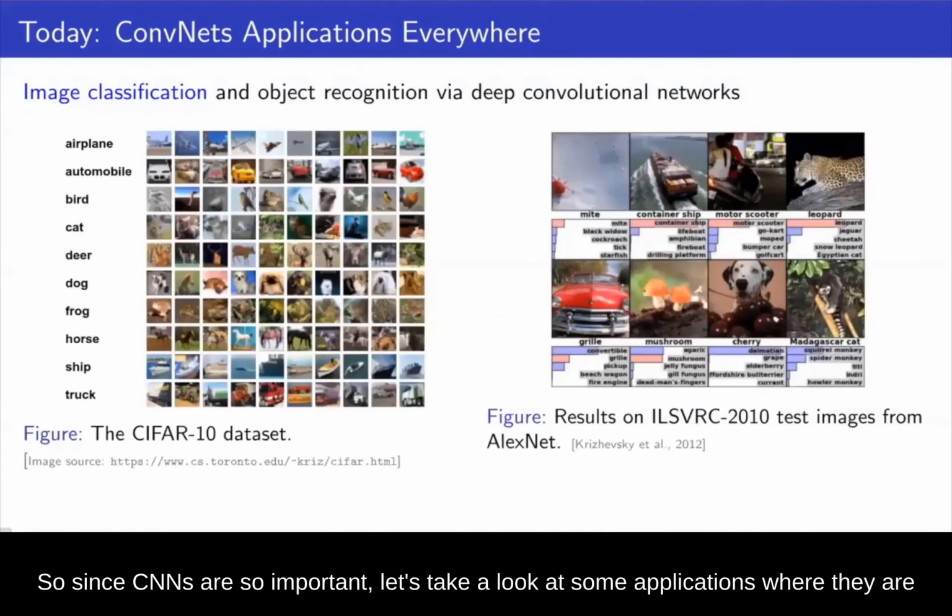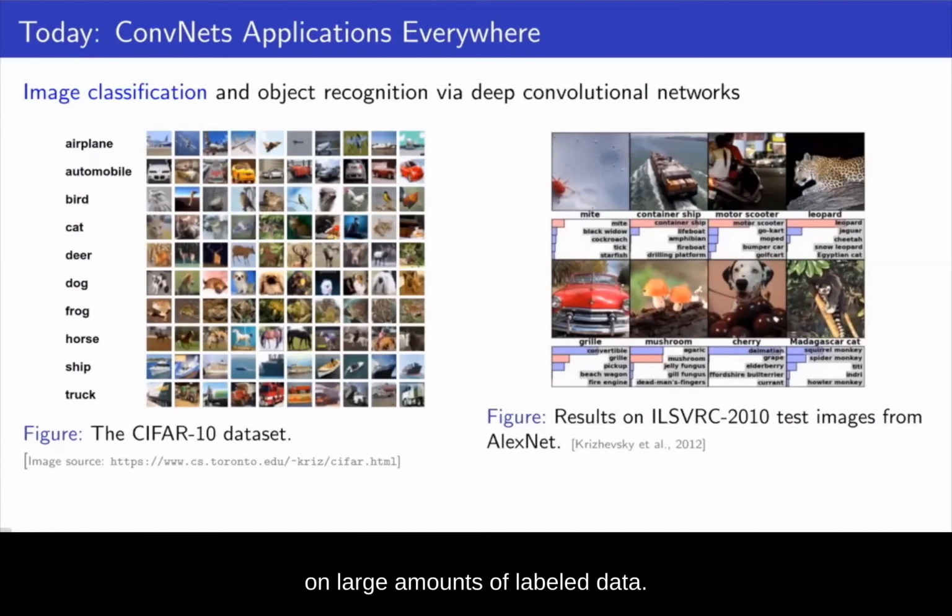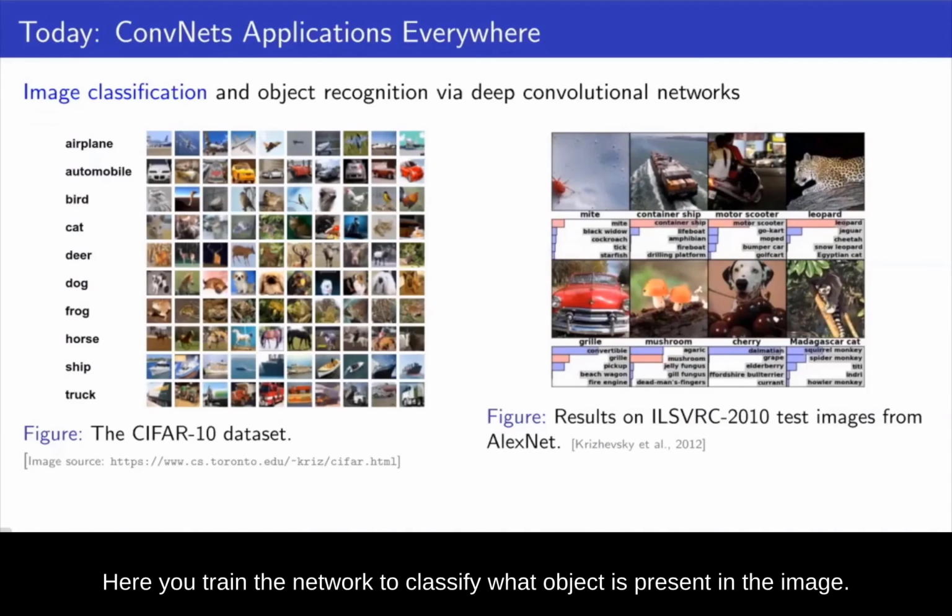So since CNNs are so important, let's take a look at some applications where they are used. The most fundamental recognition task is image classification, where you train a network on large amounts of labeled data. Here you train the network to classify what object is present in the image.